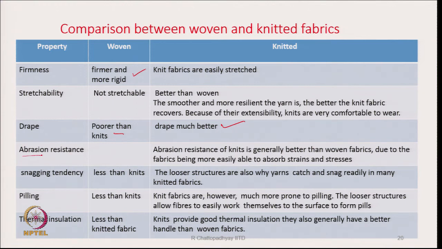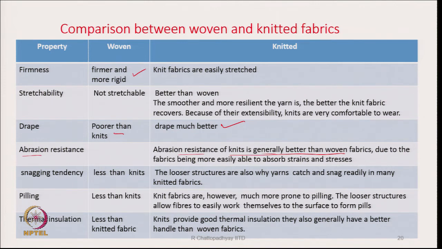Abrasion resistance of knitted fabrics is certainly better than woven fabrics, because the fabrics are mobile in nature. Now, as we abrade with an abrader, the yarns can easily move, and thereby it can reduce the stress that is generated by the abrader.